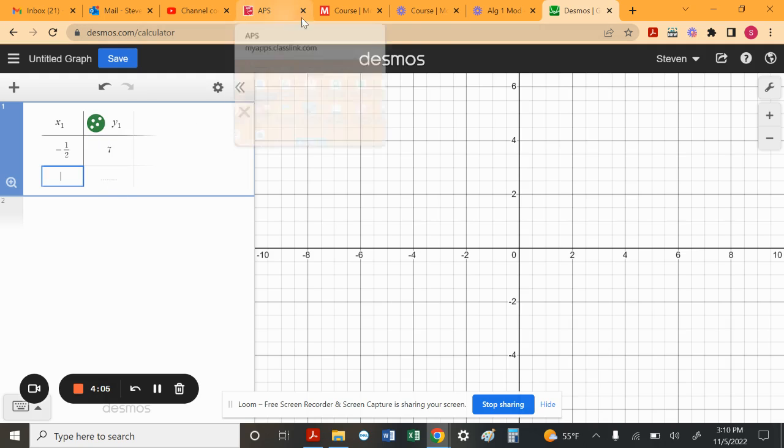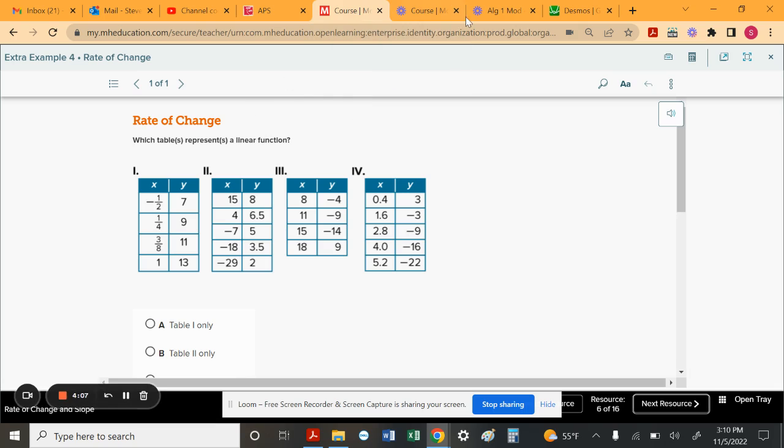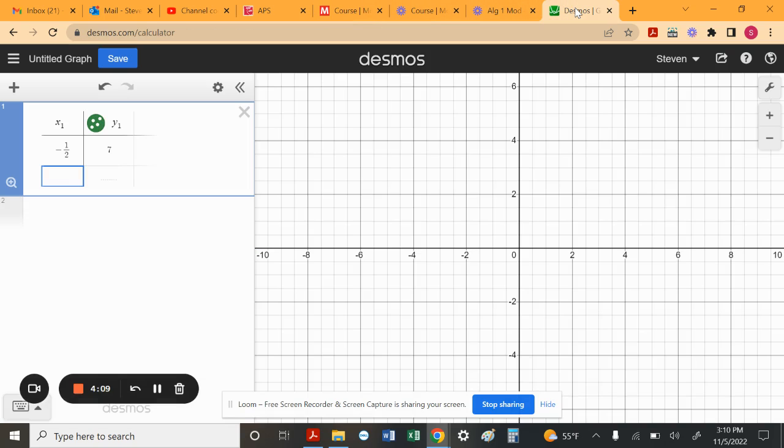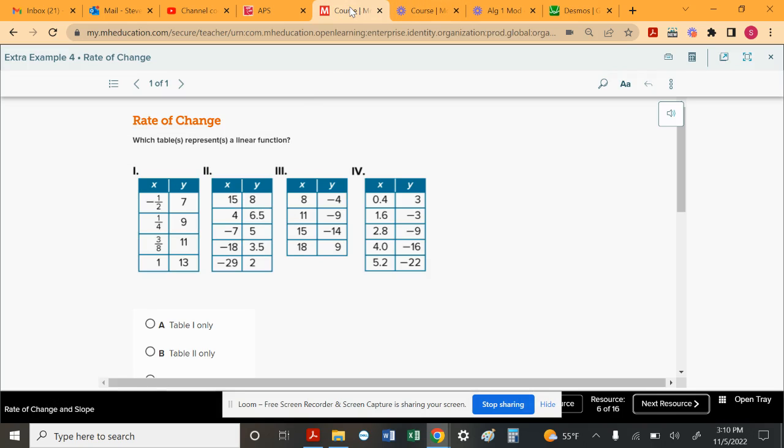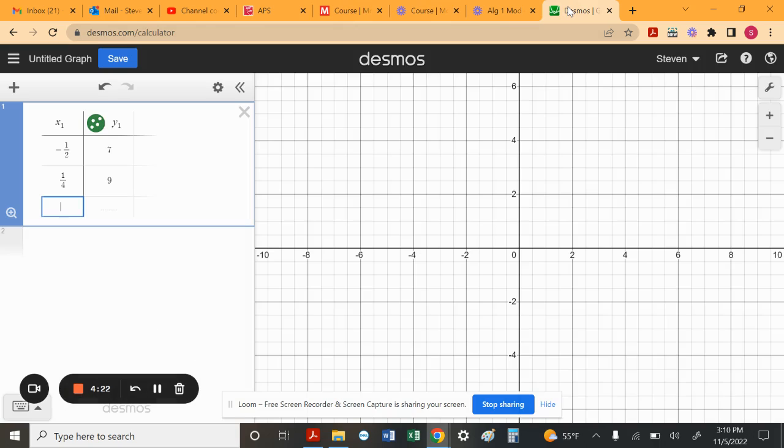And we're going to plug in the values just to see what happens here. 1/4 and 9. So we have 1 divided by 4 and 9. Remember that the slash means divided by. Then 3/8 and 11, so 3 divided by 8 and 11. This just makes it so much easier.